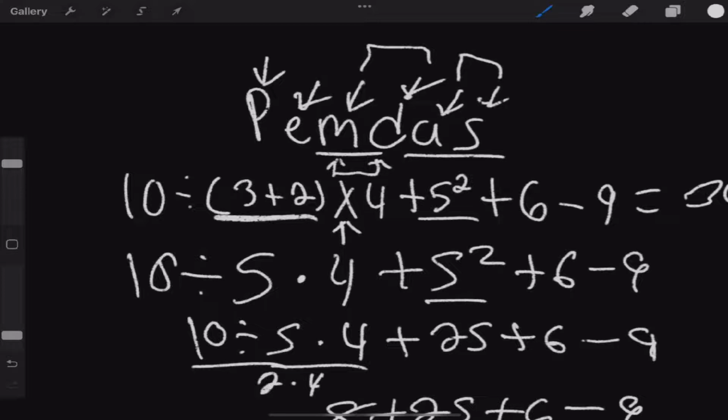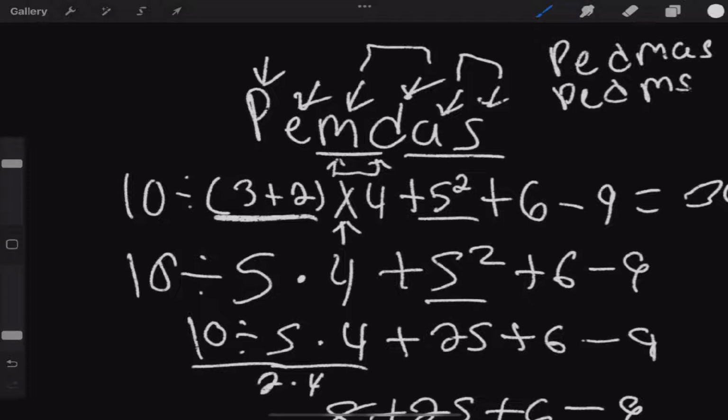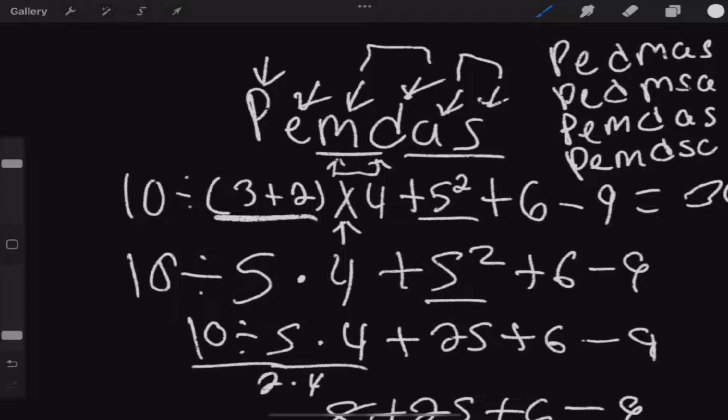The two groups. So you could have PEMDAS, you could have PEMDAS, you could have PEMDA. Like, they're interchangeable, but don't go and try and change your M and your S or your D and your A. They're groups.